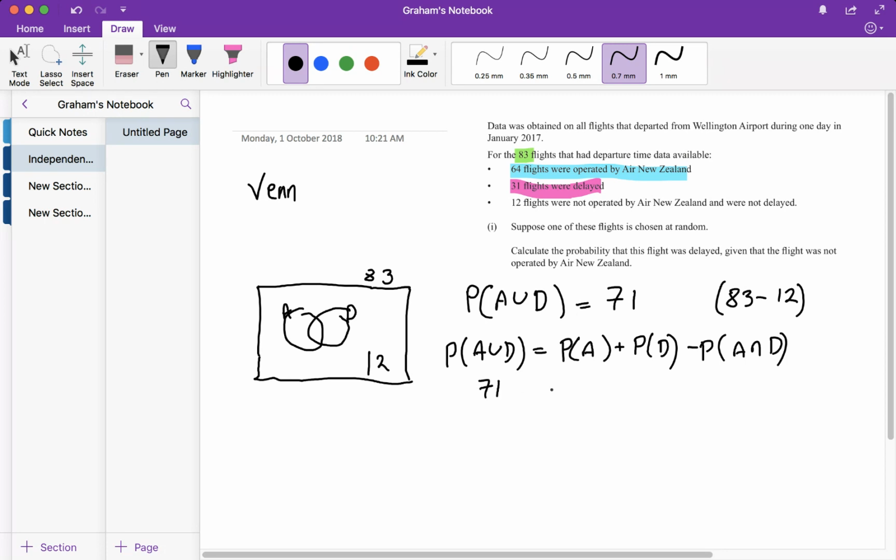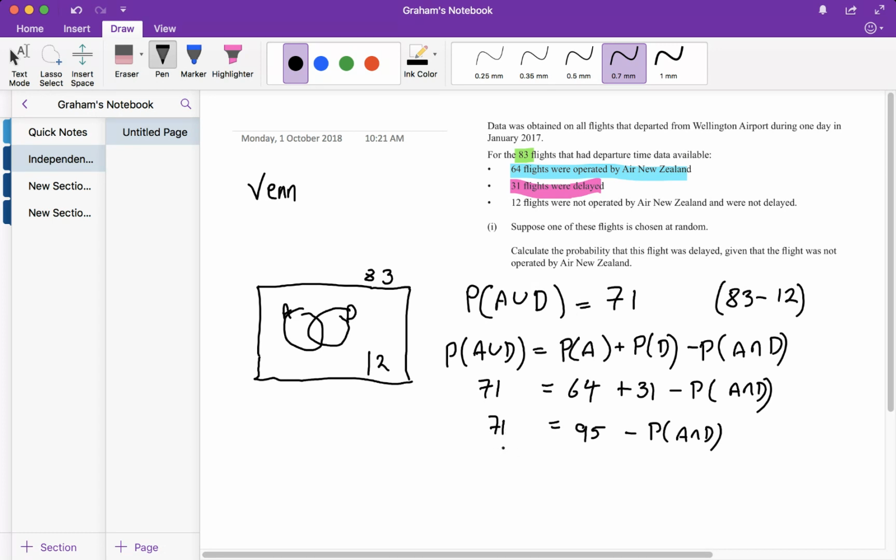So I've got 71 equals 64 plus 31 minus my AND bit. So 64 plus 31 is 95 minus my AND, and that's still equal to 71.